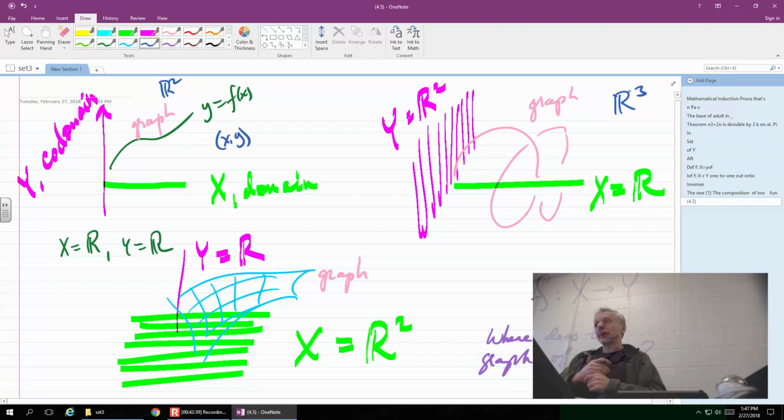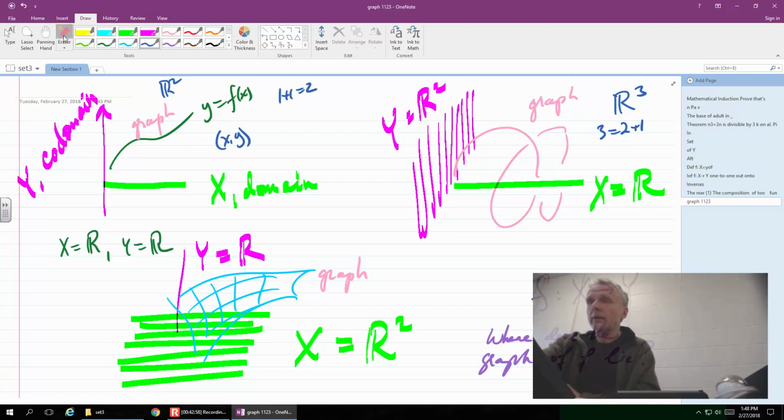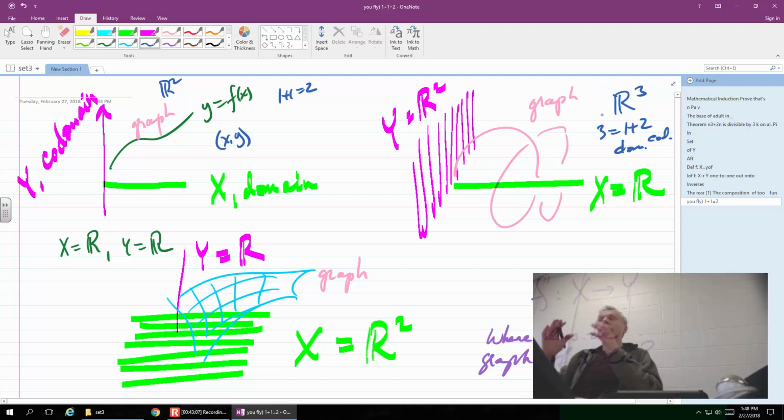Where does R3 come from? Once again, 3 is equal to 2 plus 1. So the dimension of the domain is 1, and the dimension of codomain is 2. Okay? The dimensions being added up. So this one is 1 plus 1 is equal to 2. This is 2 plus 1 is equal to 3, or in chronological order, 1 plus 2. So the domain and codomain gives me the location for the graph.